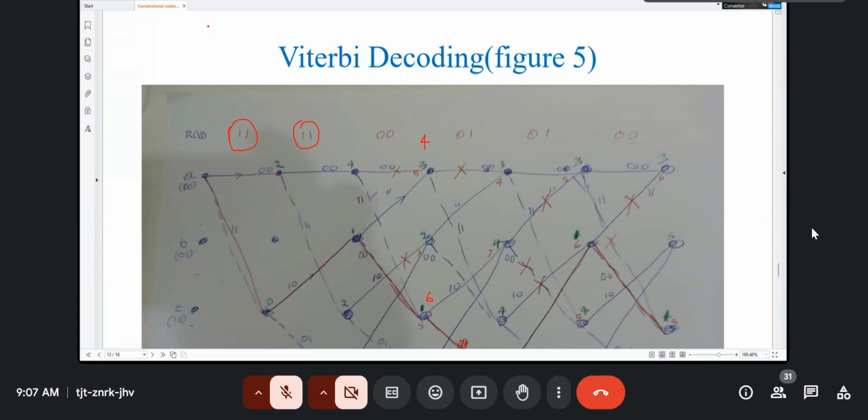But now, we can get there through an alternative path. We have this path. This was 1. This is 1, 1. So the path metric is 2. So this is 1 plus 2, which is 3. So 3 is better than 4. So you can eliminate that 4.